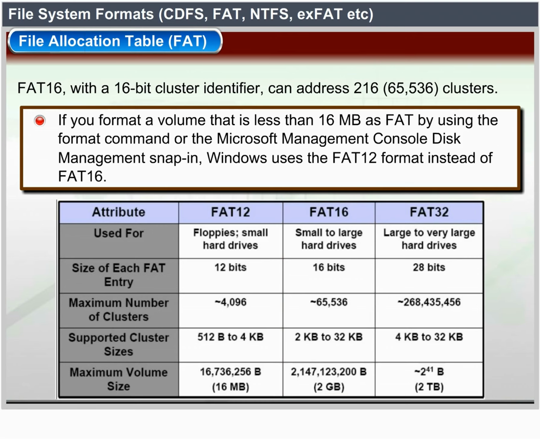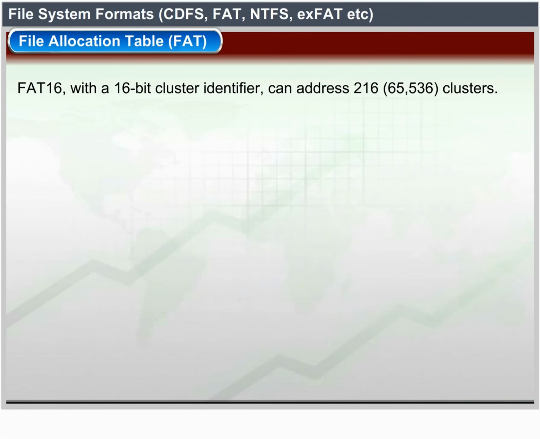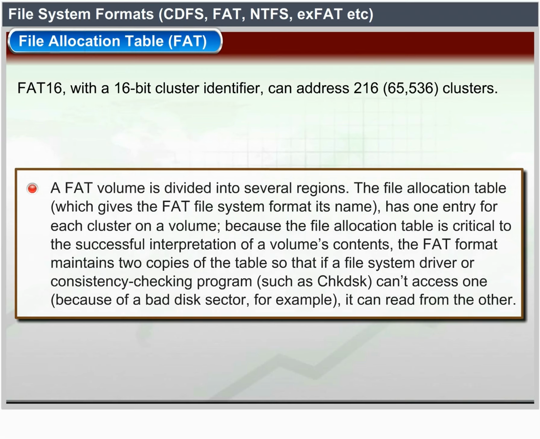A FAT volume is divided into several regions. The file allocation table, which gives the FAT file system format its name, has one entry for each cluster on a volume. Because the file allocation table is critical to the successful interpretation of a volume's contents, the FAT format maintains 2 copies of the table so that if a file system driver or consistency checking program such as CHKDSK (checkdisk) can't access one, because of a bad disk sector, for example, it can read from the other.